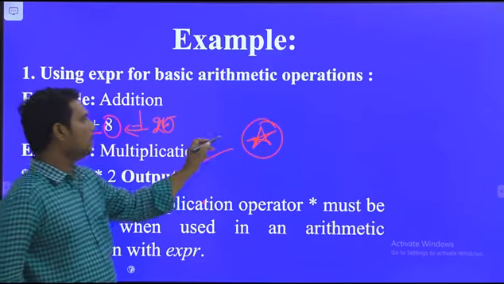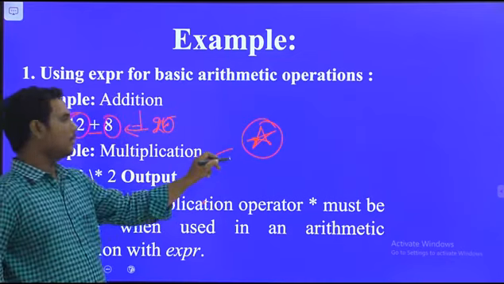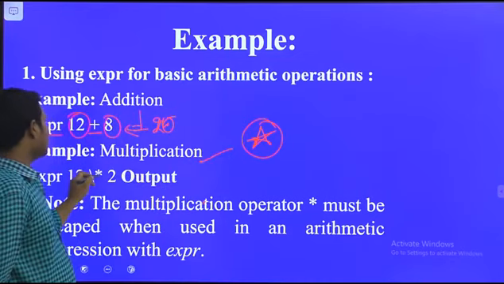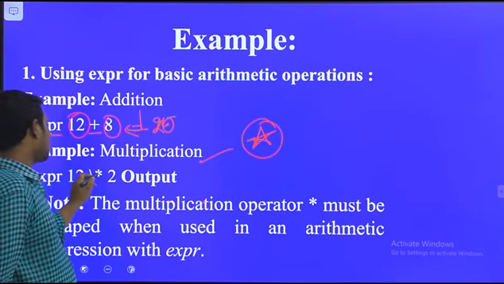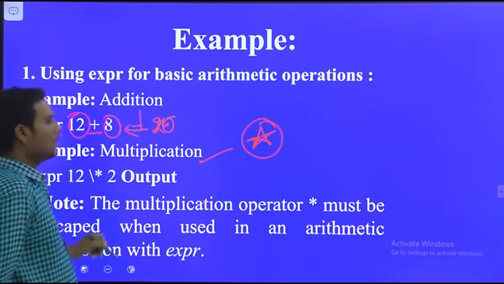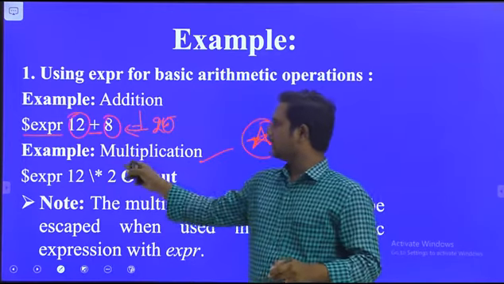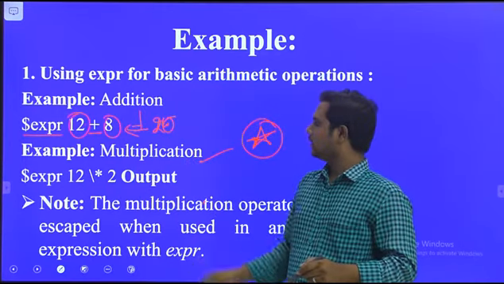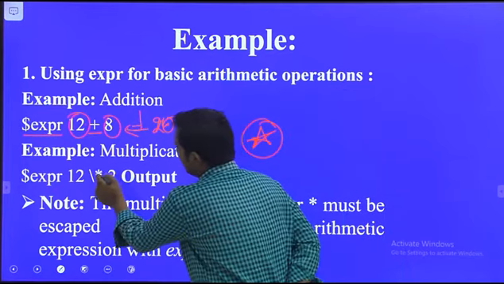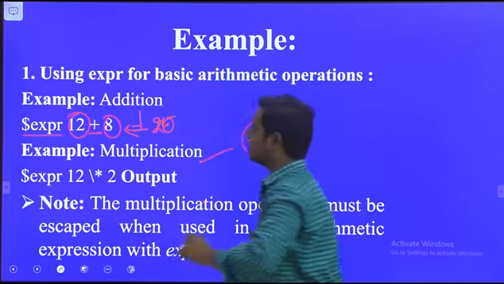So we don't write the star symbol directly; before the star symbol we put a slash, otherwise the multiplication does not work. We must use the slash before the star.